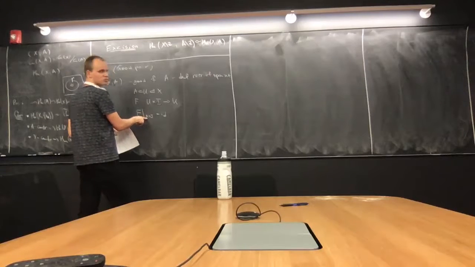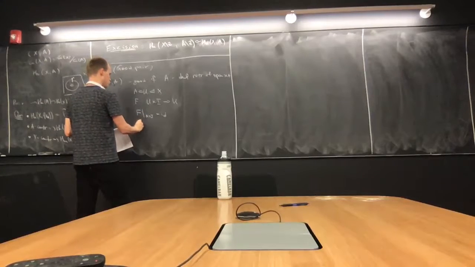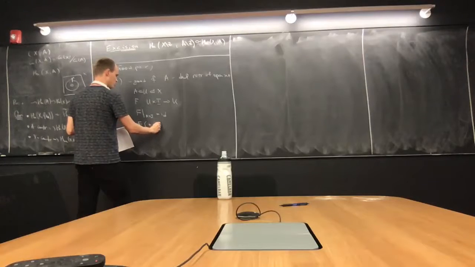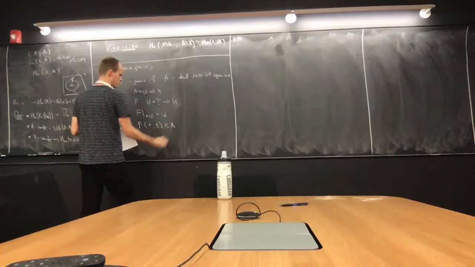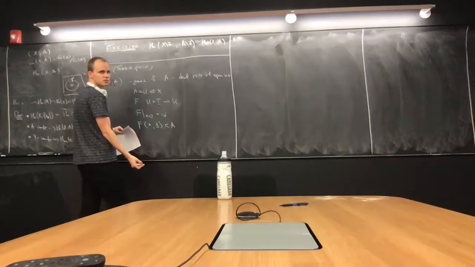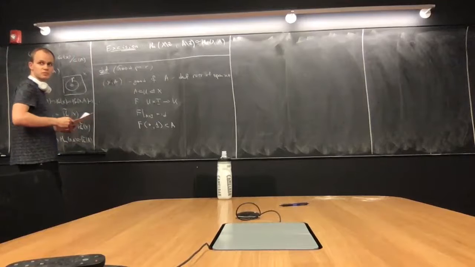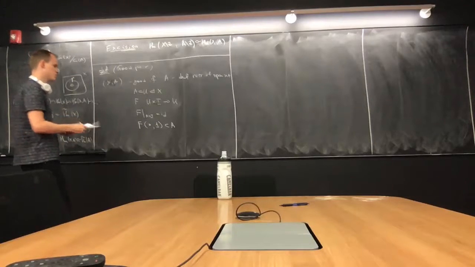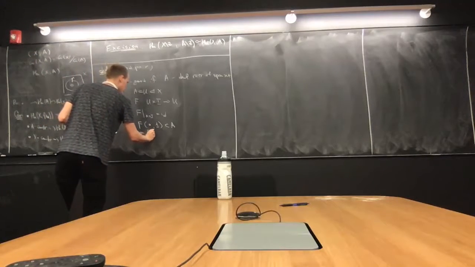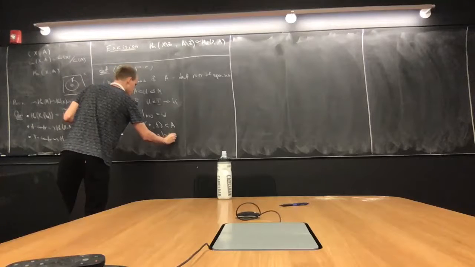So points in A don't move, and also F of (point, 1) is all in A. And F is continuous. And also F at 0 is of course also the identity.